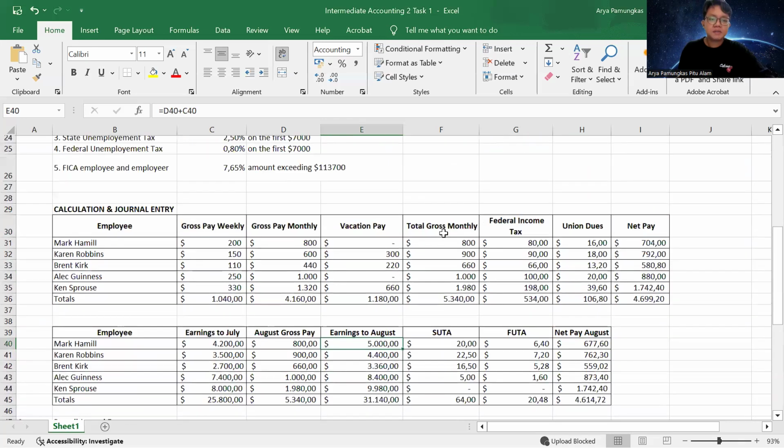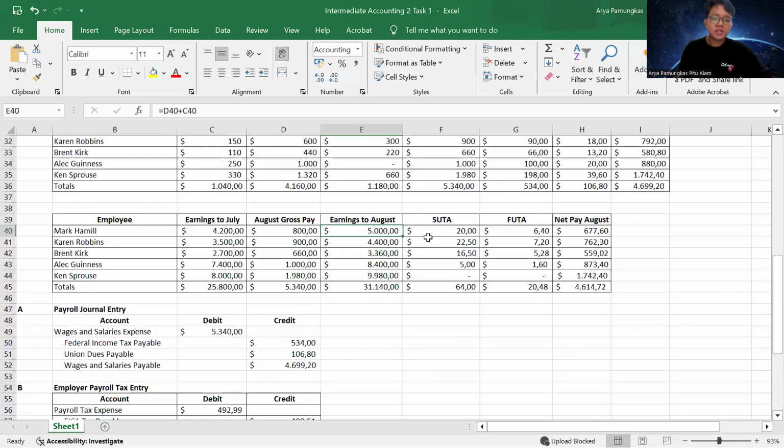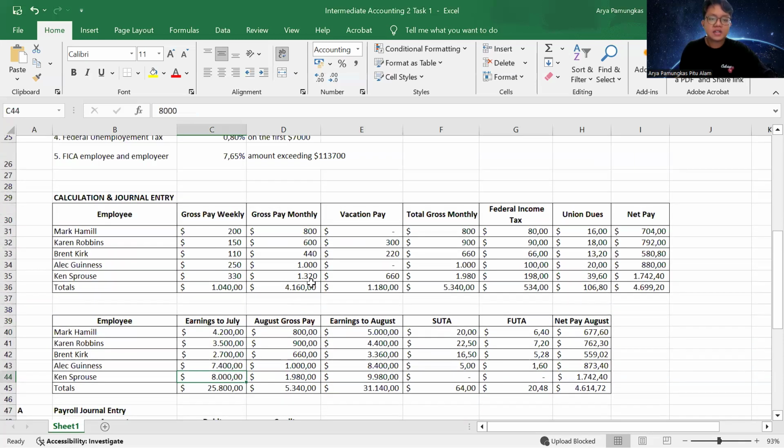So here it is stated that SUTA is 2.5% on the first $7,000, and on the earnings to July, Ken Sprouse is already exceeding the $7,000.